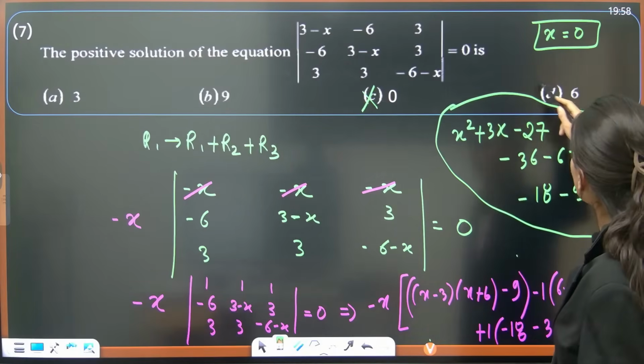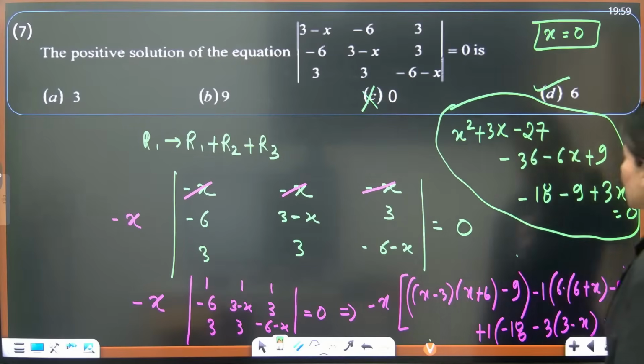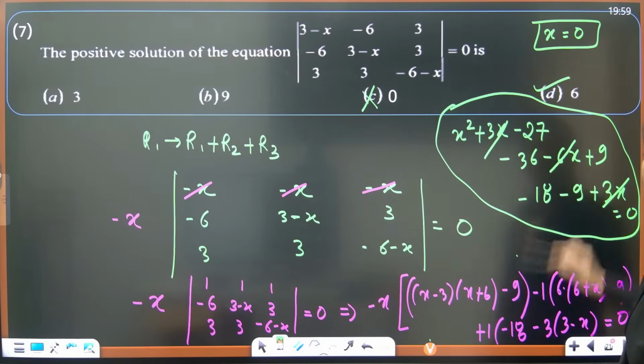So yes. Option C. So if you solve this equation, D will be the correct answer. Have a look. Let me know. So see, 3x, 6x is gone. Then we are having plus 9 gone. So x square is equal to, tell me.